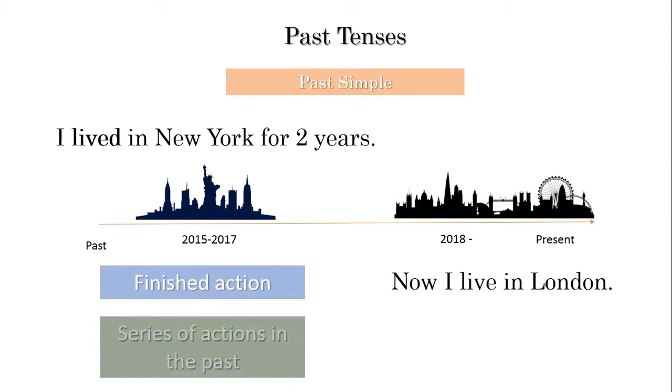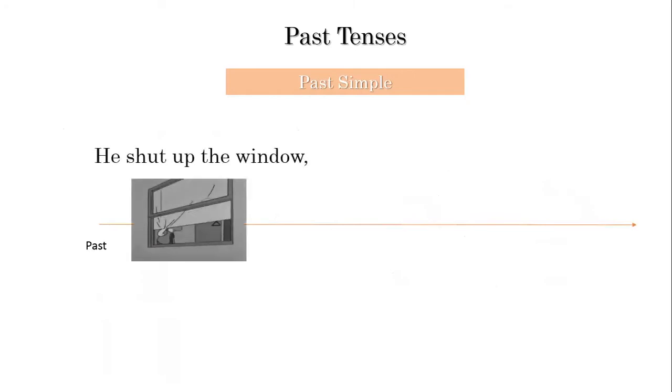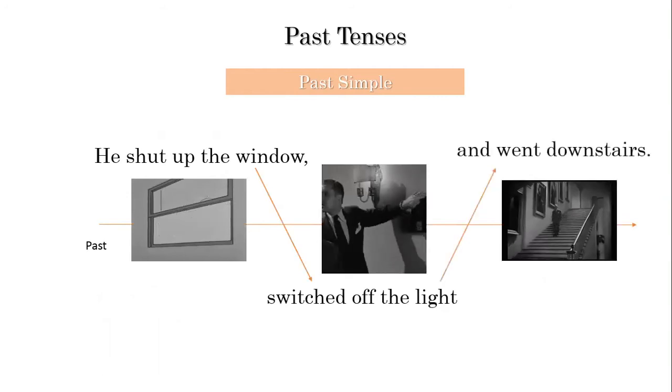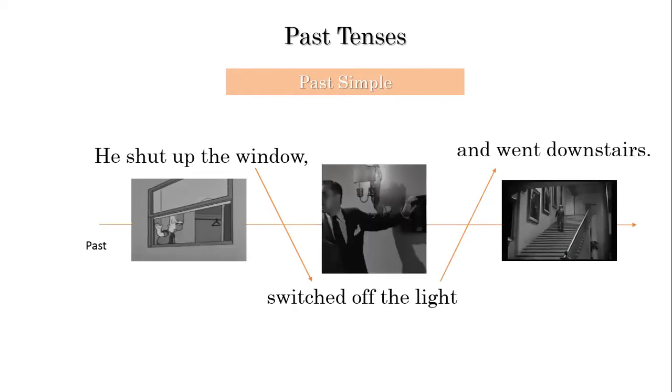Okay, next page. In the next page, we are going to discuss the next example. He shut the window, switched off the light, and went downstairs. So what do we see here?